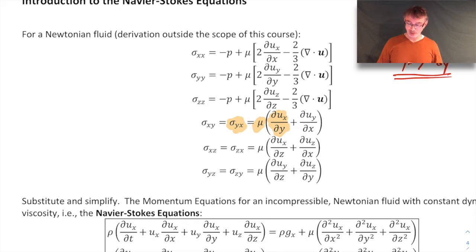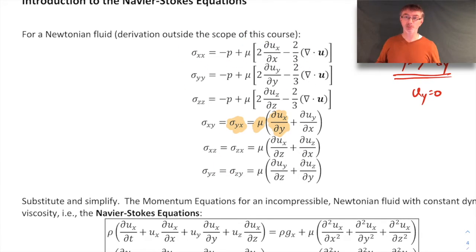Now, you can see that the real expression actually has an extra term in it. There's a plus duy dx. We never really dealt with that before because in our previous examples, the uy term was always 0, so that term never showed up. But in general, there's actually this extra term that you have to factor in. But you can see we have an expression for the normal stresses up here as well as the shear stresses.